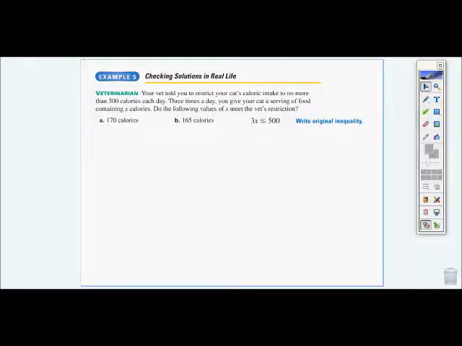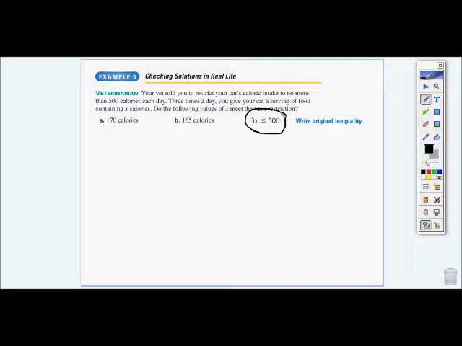Here we have a veterinarian, and your vet told you to restrict your cat's caloric intake to no more than 500 calories each day. So no more means that it has to be less than or equal to 500. We can't make it go above 500 calories.